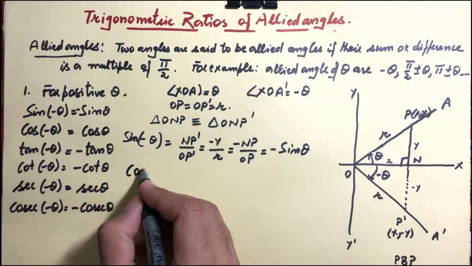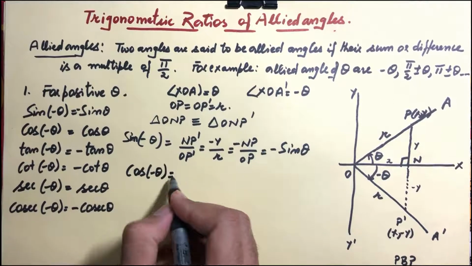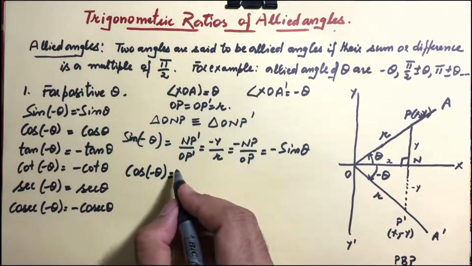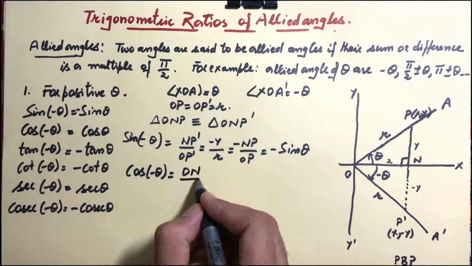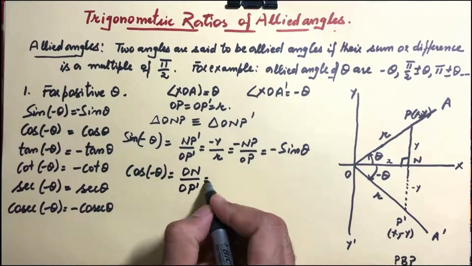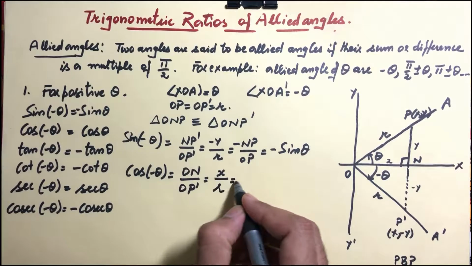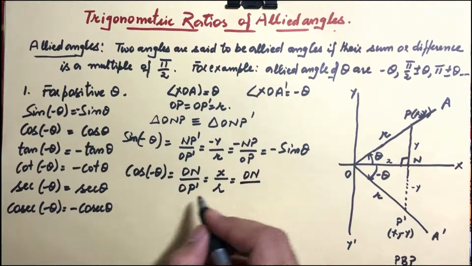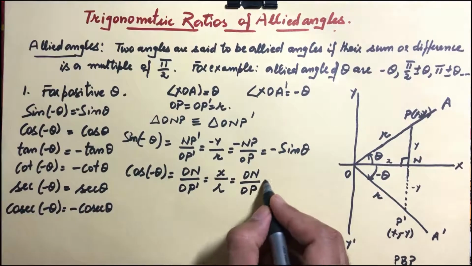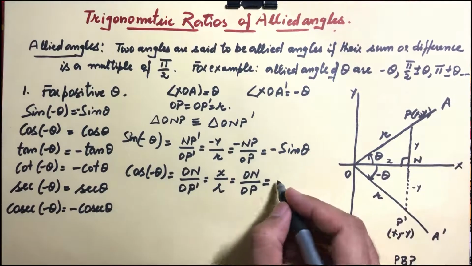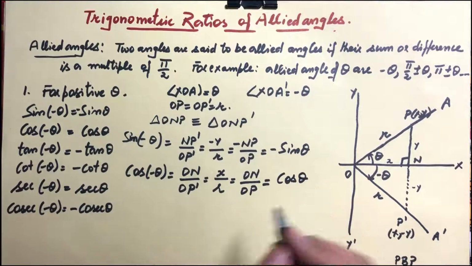Next, cos of minus theta. Cos of minus theta is base upon hypotenuse. Base is ON upon OP dash, and the values are x upon R, and this further is equal to, as we know, OP dash is OP, and by this triangle base upon hypotenuse, this is cos of theta.